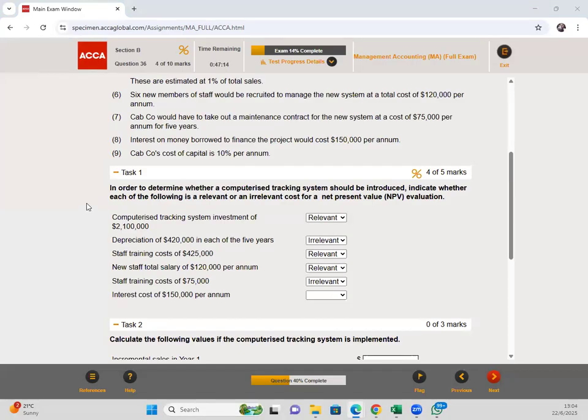Okay, so for the interest, unfortunately, the interest on money borrowed to finance the project would cost. The interest in this case is the cost of capital. This one is irrelevant. It's not interest of the money. This one is the cost of capital. So this one, cost of capital, is irrelevant cost.